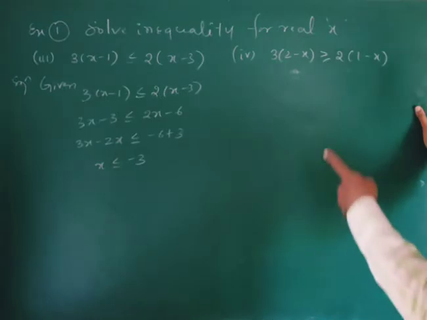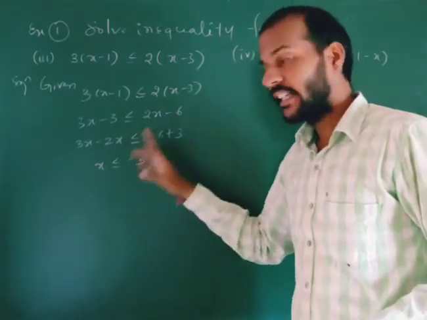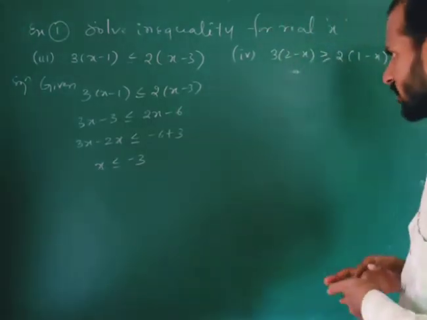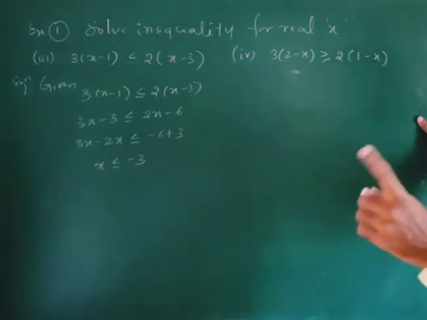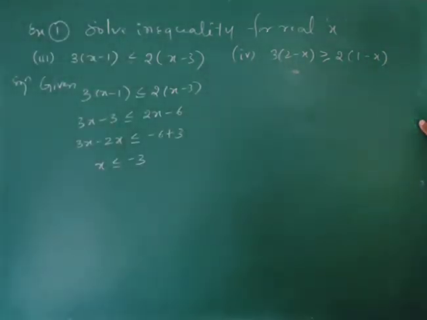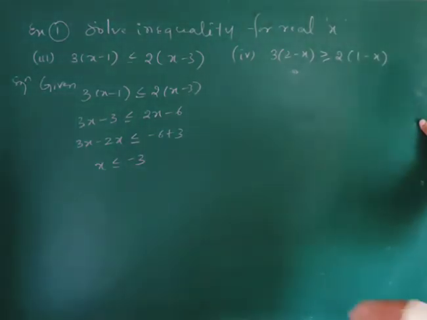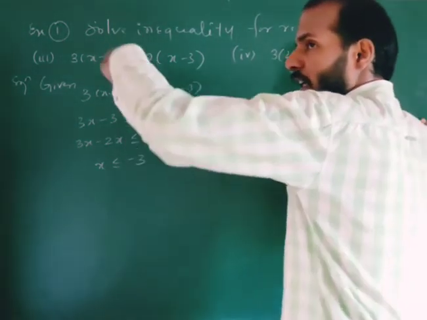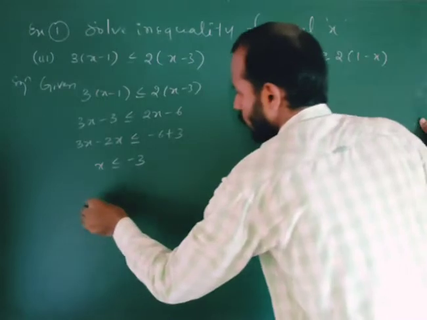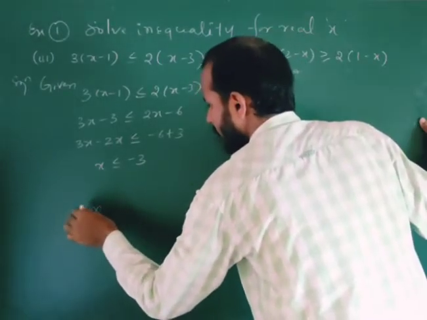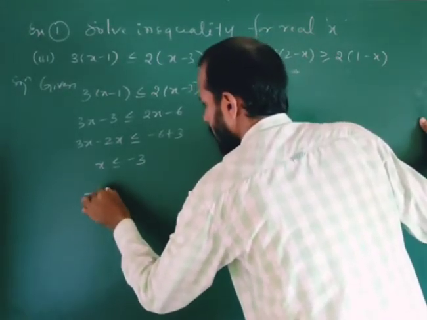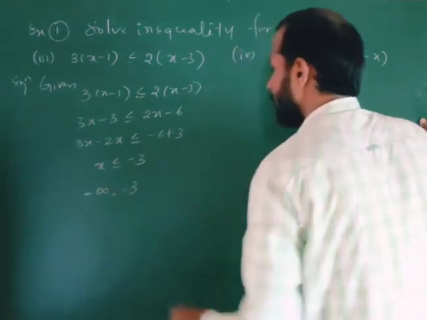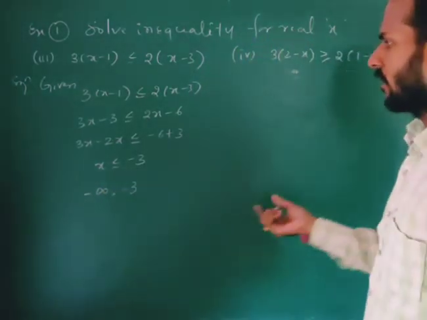Now how do you write this? There is a less than or equal sign here. X is less than or equals to minus 3. Less than minus 3 means it becomes minus 4, minus 5, like this up to minus infinity, right? Minus infinity to minus 3. Now the brackets are more important here.